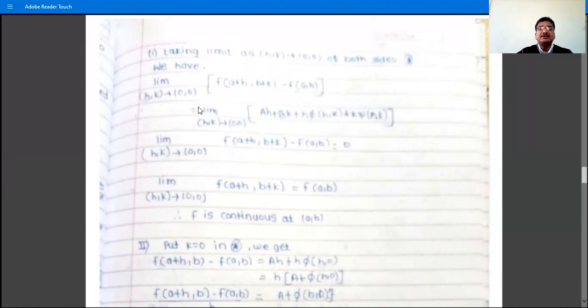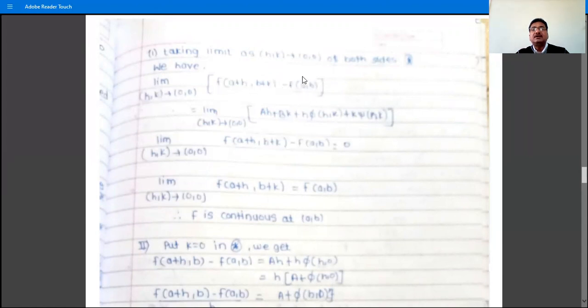And the limit of the LHS. What is the limit of the first factor? The limit as (h,k) tends to (0,0) of f(a+h, b+k), minus the limit of f(a,b) as (h,k) tends to (0,0), which is itself f(a,b), because f(a,b) is independent of h and k, a constant with respect to the limit.